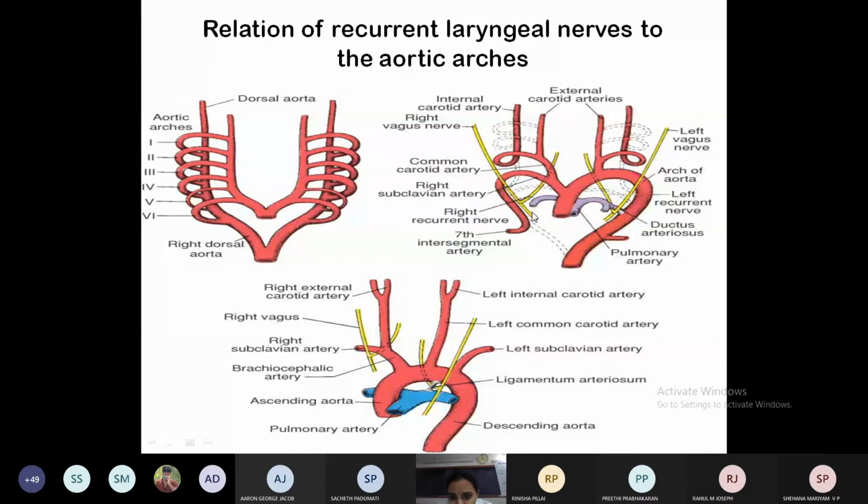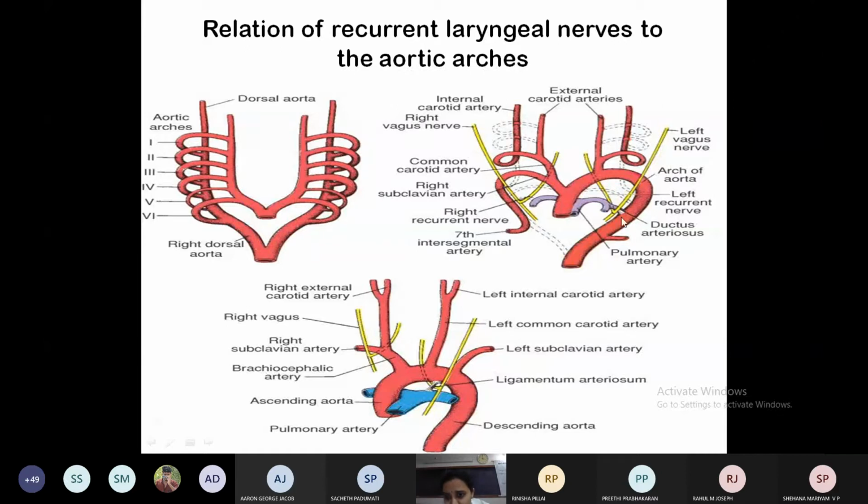On the right side, the distal part of the right sixth aortic arch will disappear. So the vagus nerve descends down and sends a recurrent laryngeal nerve. It recurs after its formation and goes up. So it winds around the right subclavian artery, because the distal part of the right sixth aortic arch has disintegrated.